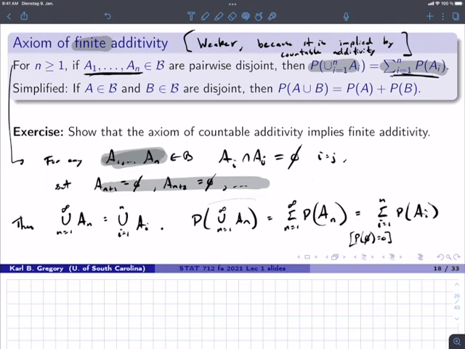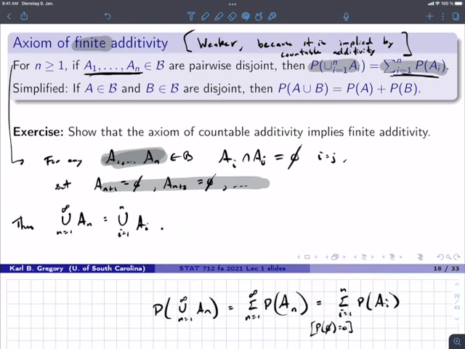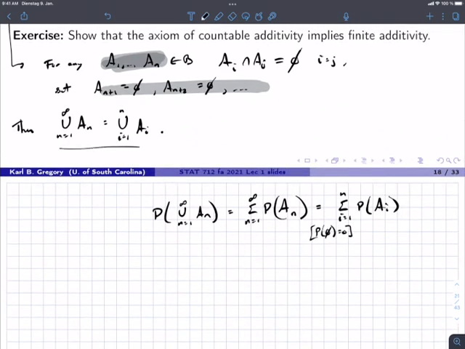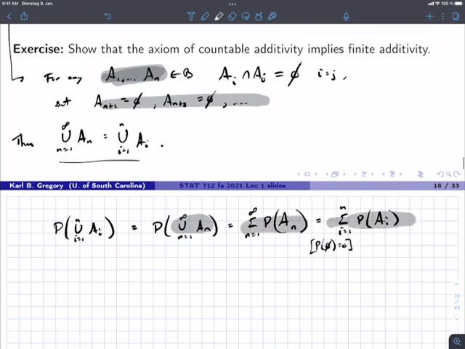And maybe let's move this down. Because these are equal, I can say the probability of this finite union is equal to the probability of this countable union, which is equal to this countable sum, which is equal to this finite sum.